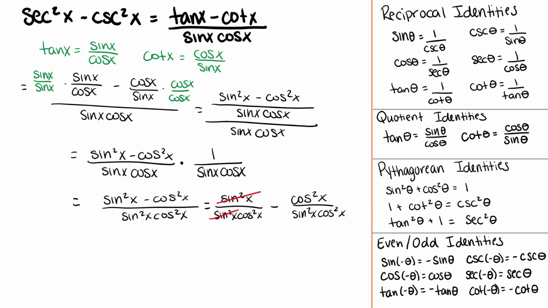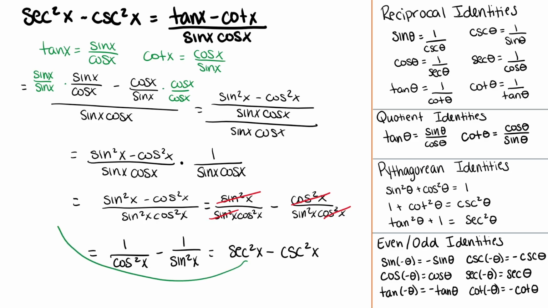We can simplify a sine squared x in our first fraction and a cosine squared x in our second fraction, giving us 1 over cosine squared x minus 1 over sine squared x. From our reciprocal identities, we know 1 over cosine squared x is secant squared x, and 1 over sine squared x is cosecant squared x. This is exactly what we saw in the left side of our expression, so we verified our identity.